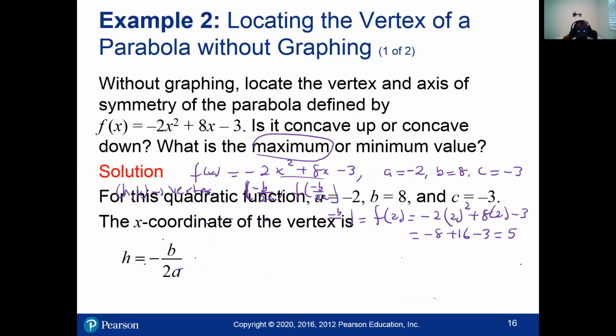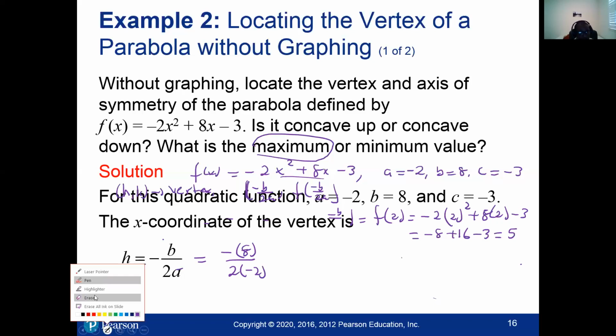The x coordinate of the point is equal to h, and that is minus 8 divided by 2 times a, which is minus 2, because your a is negative 2.